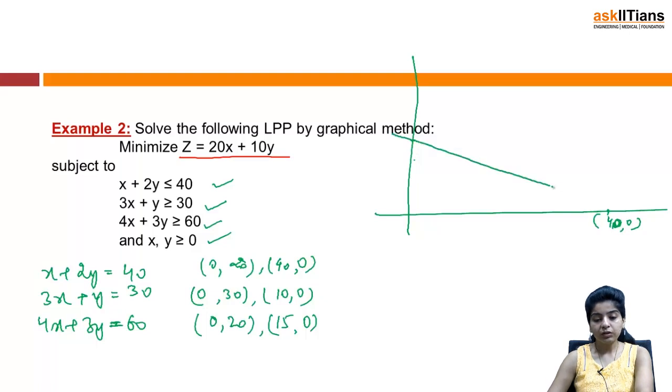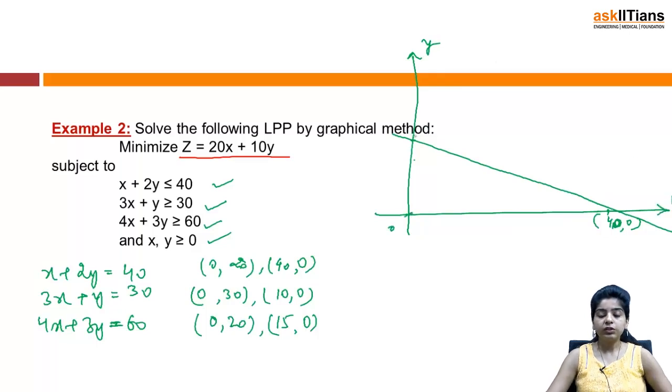So I'll be joining these 2 points. This is my y-axis, this is my x-axis and this is my origin. So this is 40, 0 and this is 0, 20, and this is my line x plus 2y equals 40.